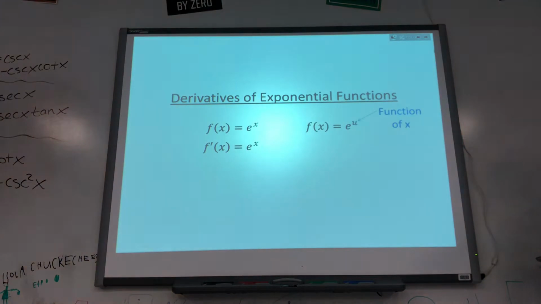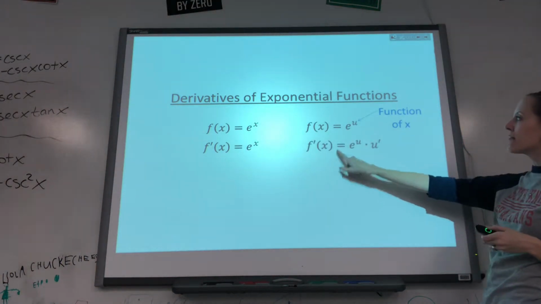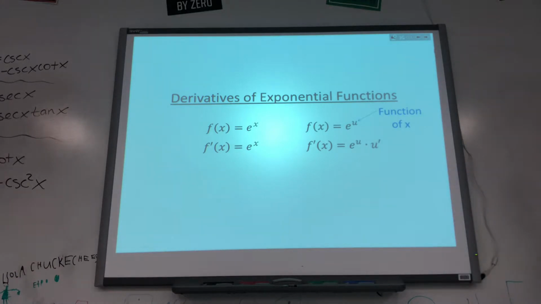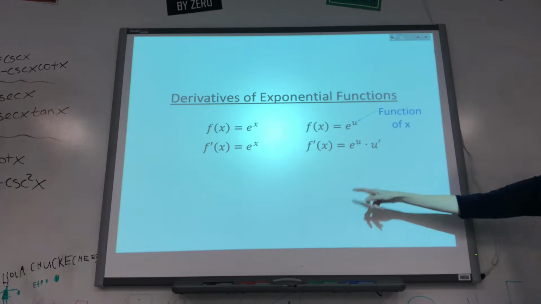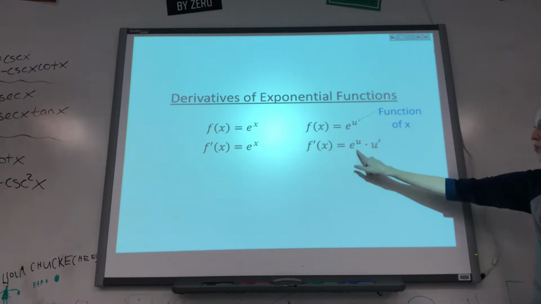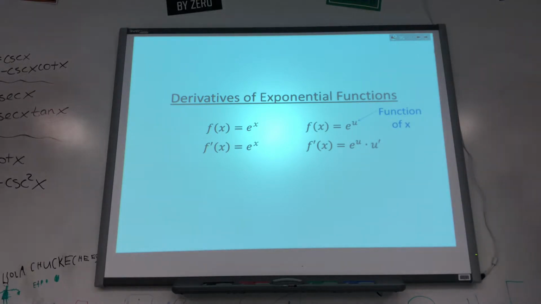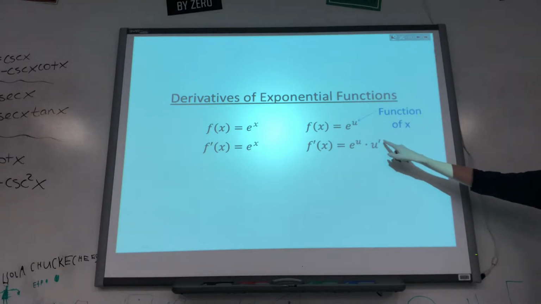If that is what you have with your function, to take the derivative of that, it starts out kind of like what we know with e to the x. It starts out just what you were given, e to the u power, but then you have to multiply by the derivative of u.